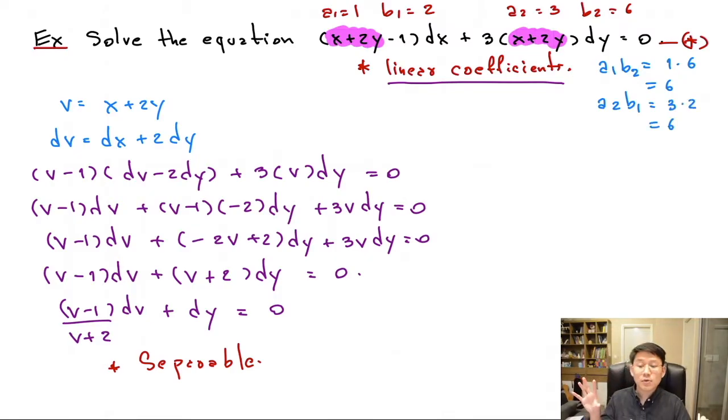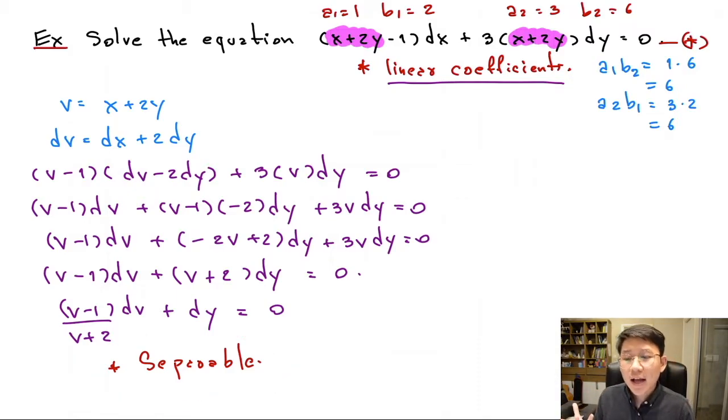So they are equal. It means that there are infinite solutions, right? In that case, we will do the substitution, and we get the separable equation as well.